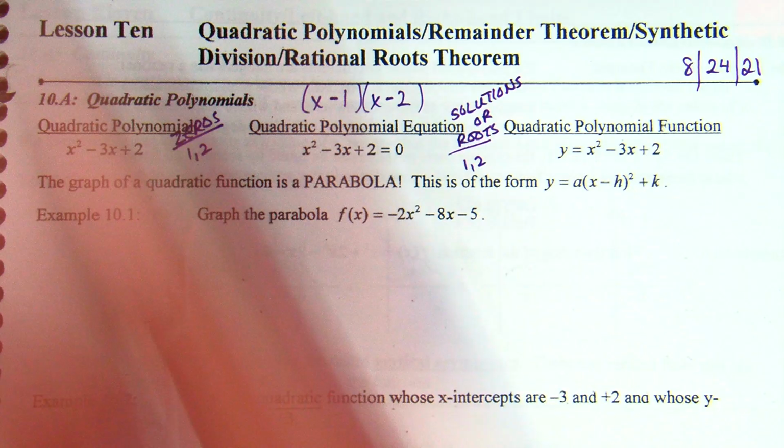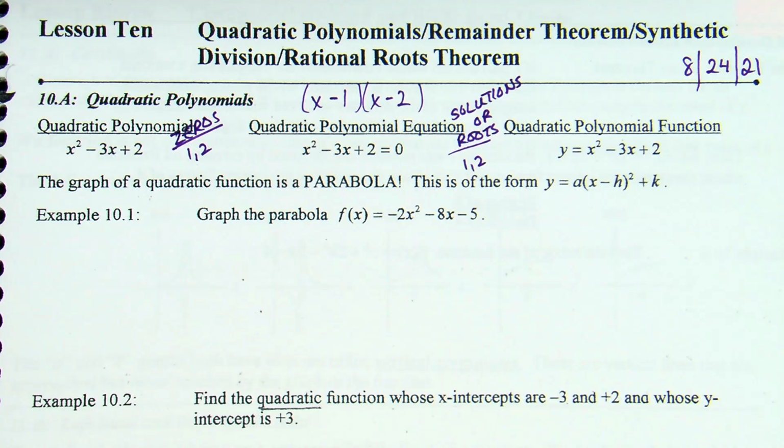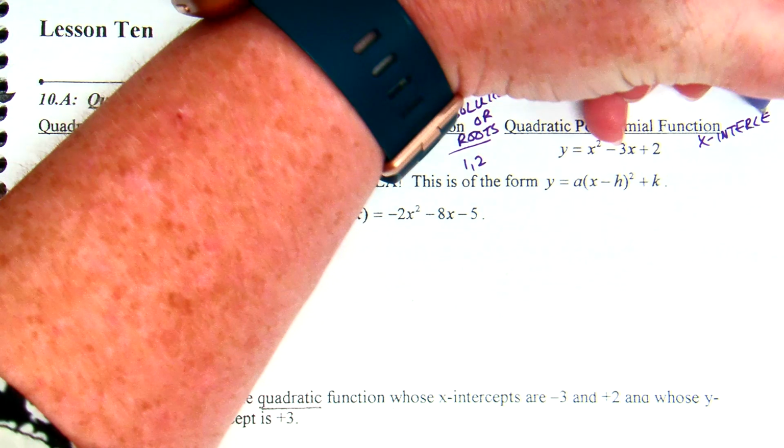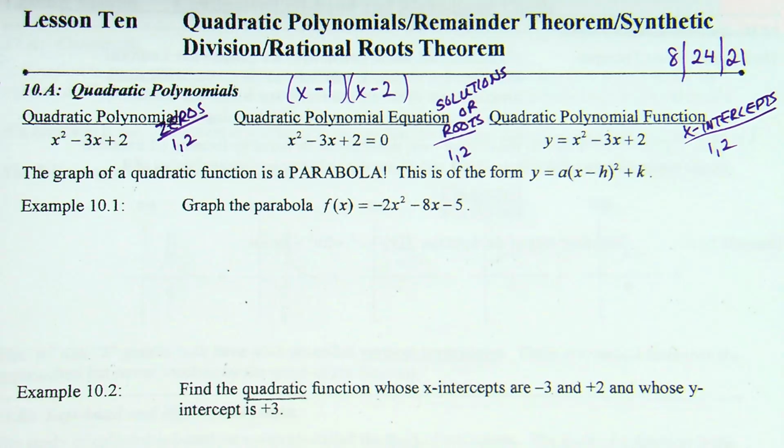Over on the function, well, where are these at on the graph? These are your x-intercepts. And so x-intercepts of 1 and 2. So it's really just about the vocabulary. When it asks you to find the zeros, the solutions, the roots, the x-intercepts, they're not technically all the same thing, but yet they are in a way.